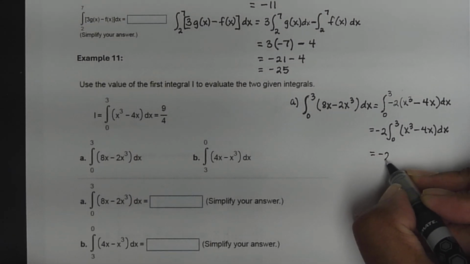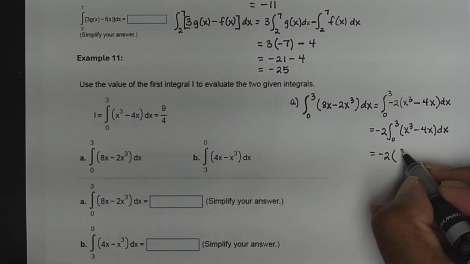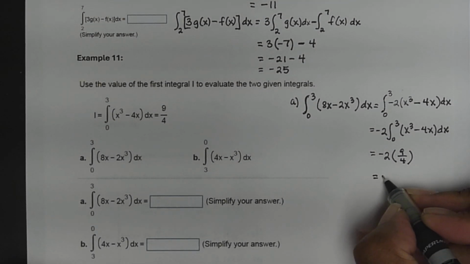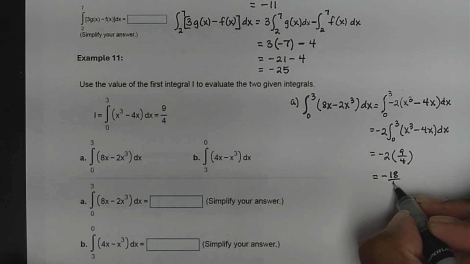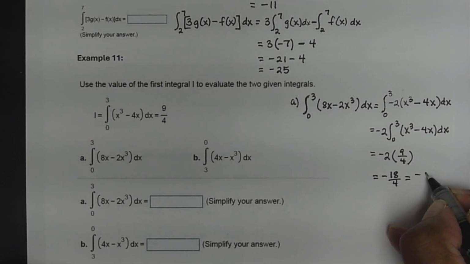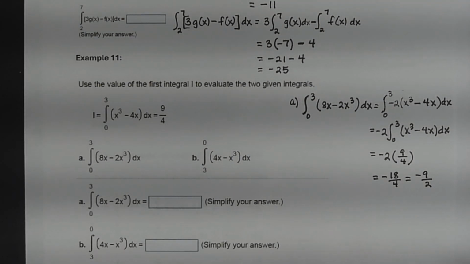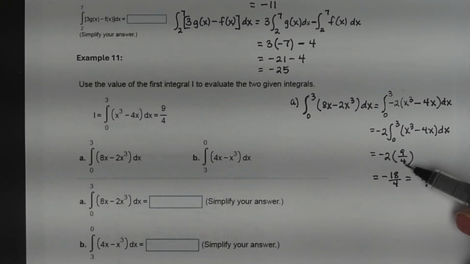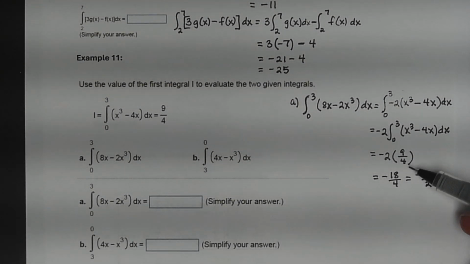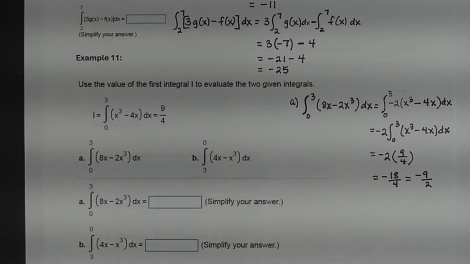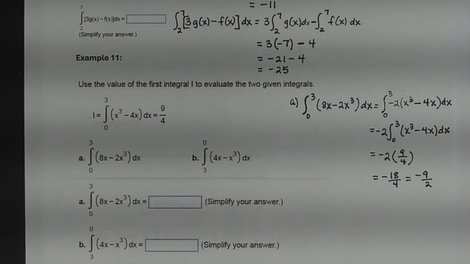So here I have negative 2 times 9/4. Negative 2 is like negative 2 over 1 times 9/4. That would be negative 18/4, which will reduce to negative 9/2. Or you could have done this: this 2 would go into that 4 2 times. You have a 2 in the denominator. Then the negative will make it negative 9/2. So that's part A.